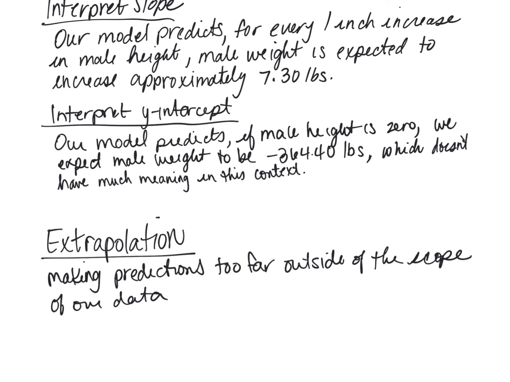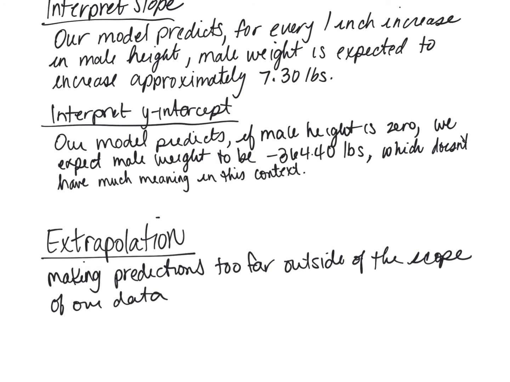You don't want to use that model to try to predict how tall a 6th grader is. It's different when they're in 6th grade and in the 40 to 50 inches range. That's too far below where our data is.